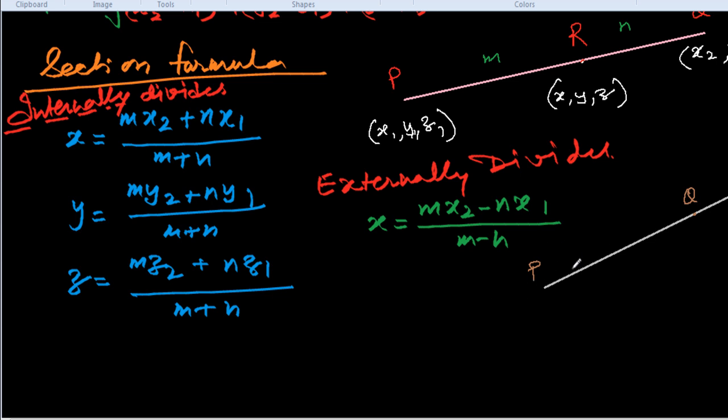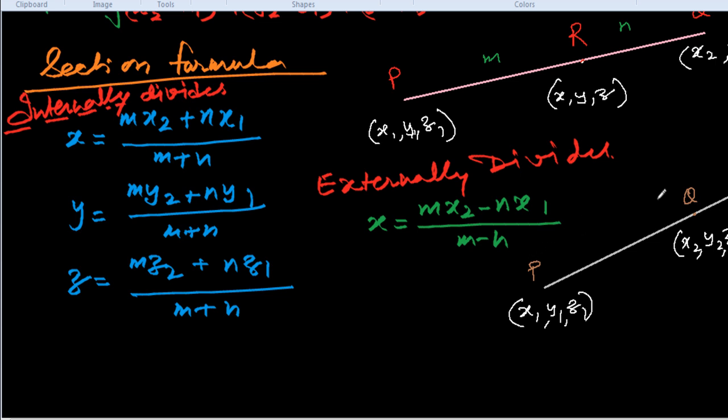So the coordinates of this point P are x1, y1, z1, and Q is x2, y2, z2, and R is x, y, z. We assume we have to find out x, y, z.